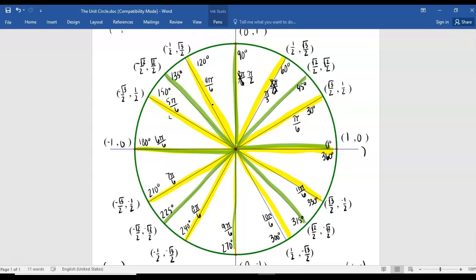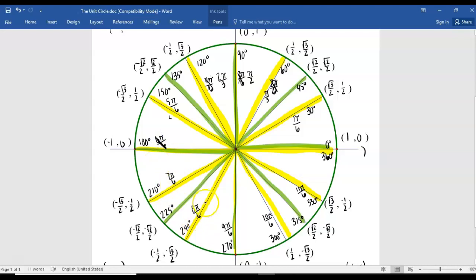Yes, 11 pi over 6. 4 pi over 6, we could divide both of those by 2. We'd get 2 pi over 3. 5 pi over 6 will not reduce. 6 pi over 6, those 6's are going to cancel and we'll just have pi.